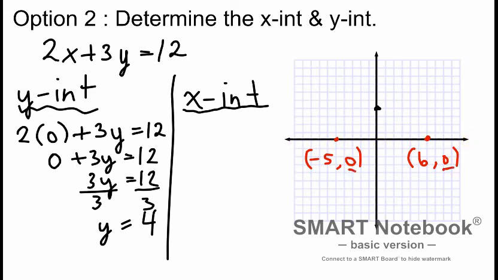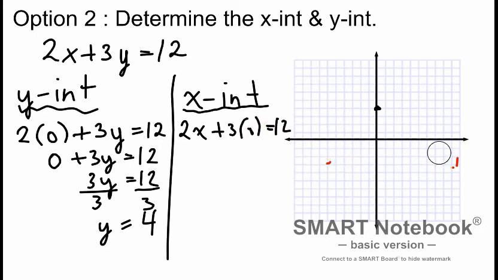And so what we're going to do now is use that to our advantage and replace y with 0 in our equation and solve for x. When we do that, we will have determined the x-intercept. Let me get rid of this stuff off of the grid because we are solving for x.